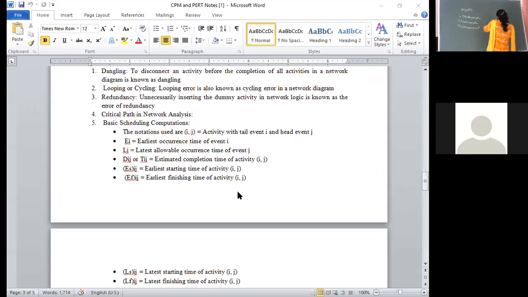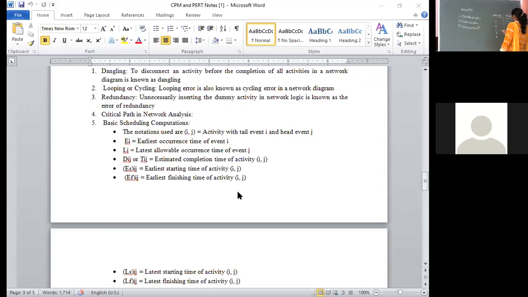I will tell you what this is. For example, activities A, B, C, D, E, F, like this, they will give. Here, for activity A, there is no predecessor activity.